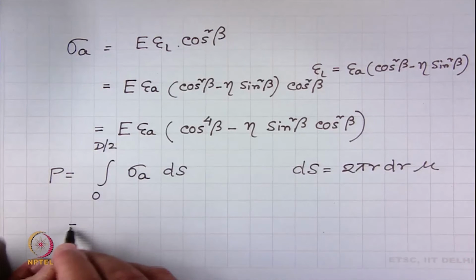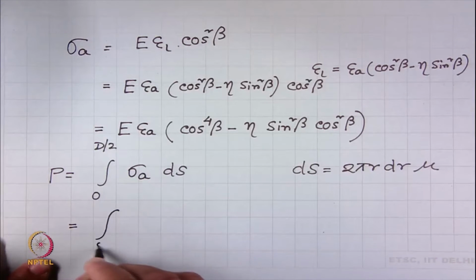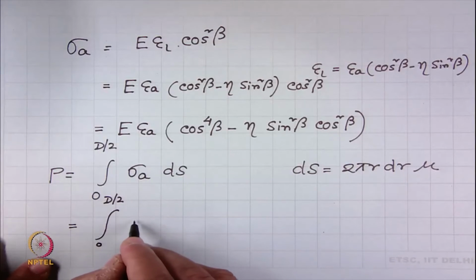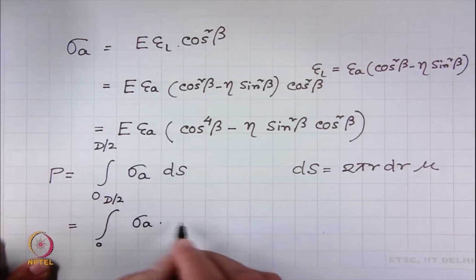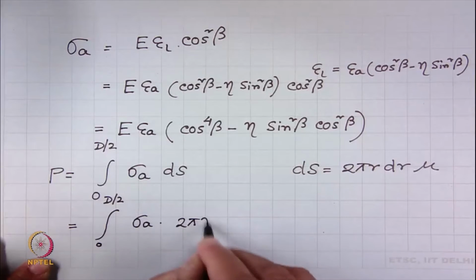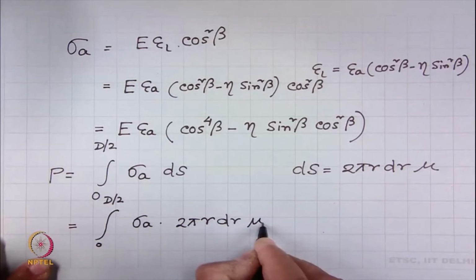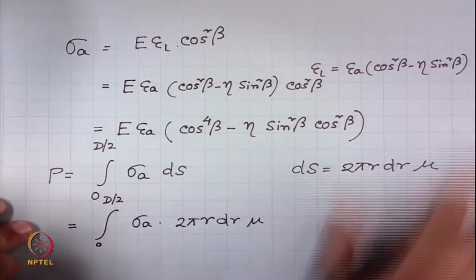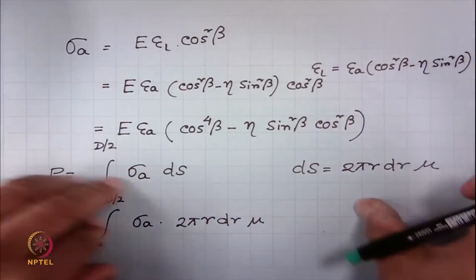So, if we substitute sigma A into 2 pi r dr into mu, then we will get a relatively long expression.